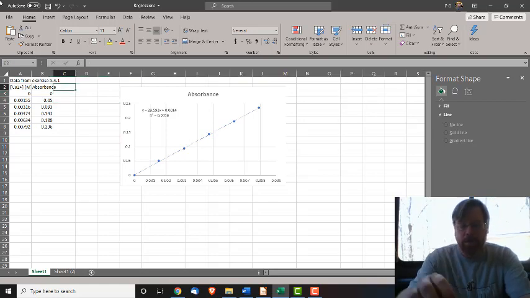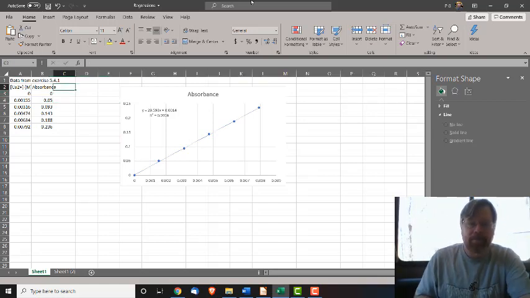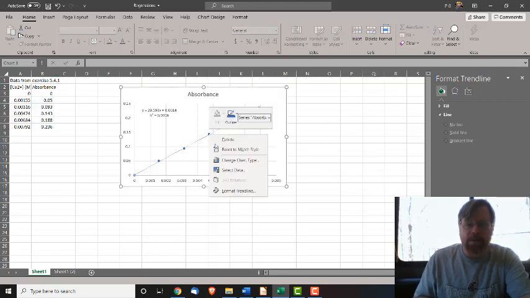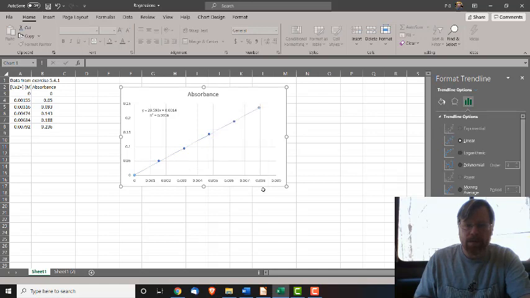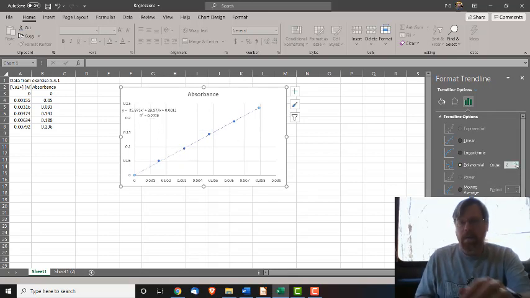I wanted to show you some other lines first. Let's format trend line. Let's do a second order polynomial. Remember the r-squared didn't change. It still looks like a pretty straight line.